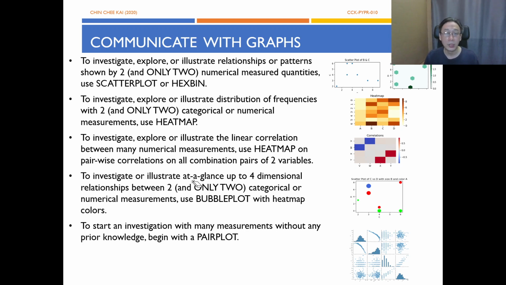We can also use bubble plot to investigate three-dimensional, four-dimensional patterns, possibly, or substructures occurring within a higher level. For example, we were earlier talking about scatter plot of number of years of education versus income. We can study that, or we might ask, how about gender and income in education? We might say, higher education and male, male higher education, female higher education, income level.